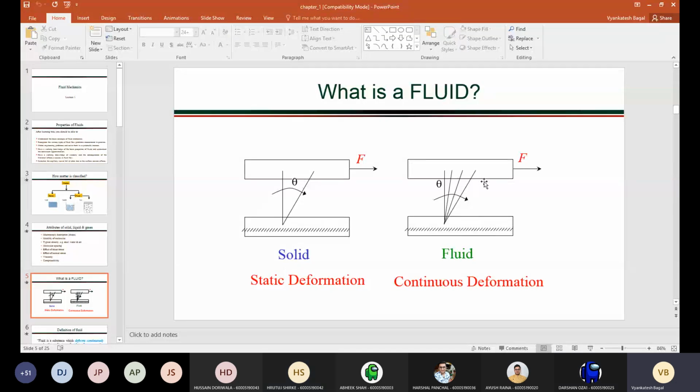Now, the last observation. The upper plate would accelerate until a certain limiting velocity, let us say capital U, is reached. The moment you reach that limiting value capital U, the driving force capital F which is applied here will become equal to the resistance force occurring in the opposite direction to F. The moment these two forces become equal, the acceleration will be 0.